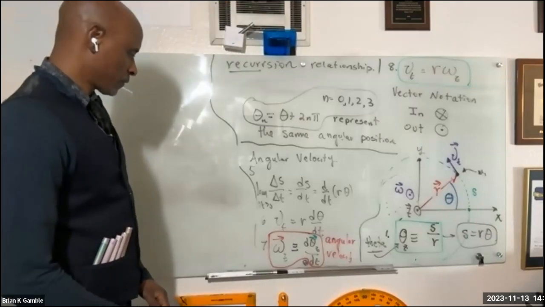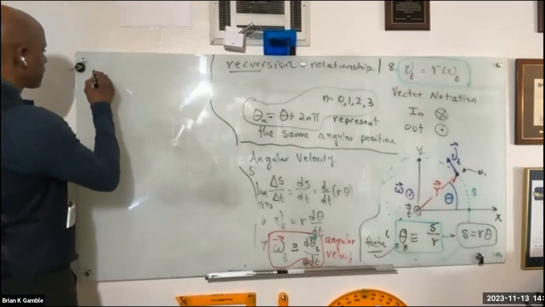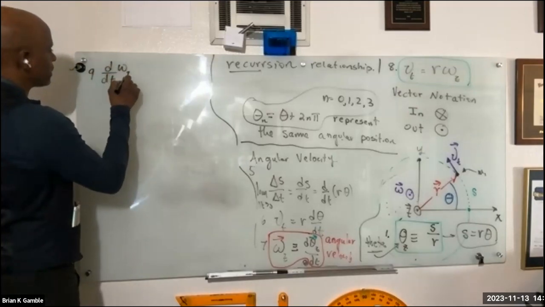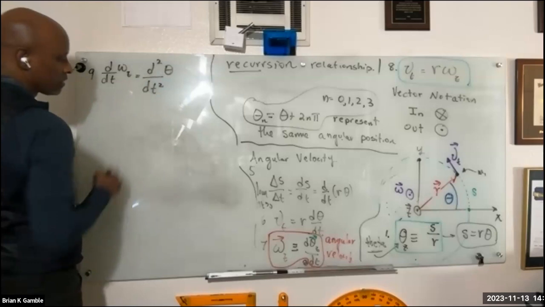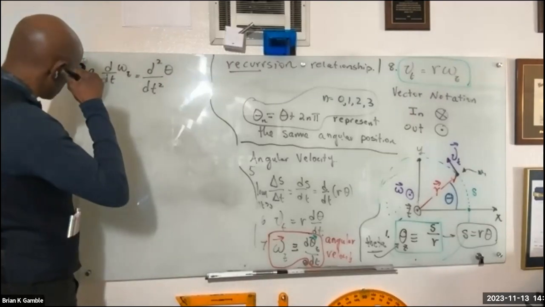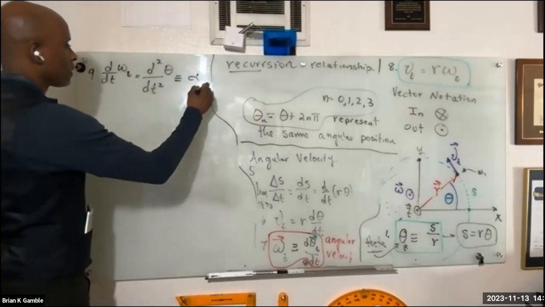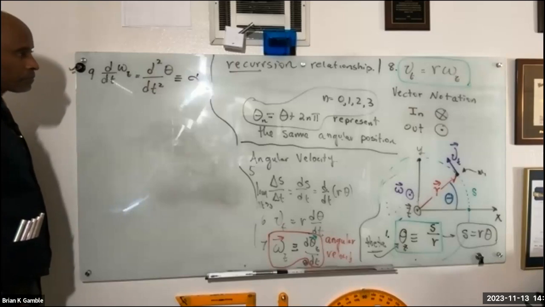If I take the derivative of omega z, which is the same as the second derivative of theta, then I can define that as alpha z, the rotational acceleration.